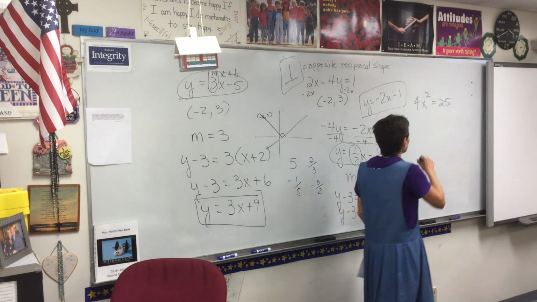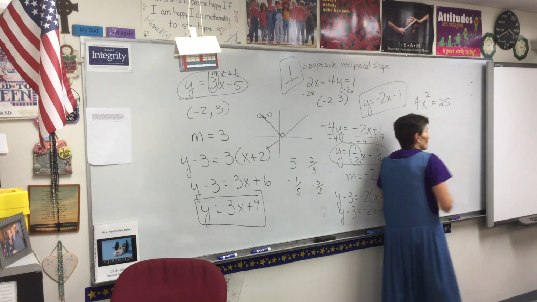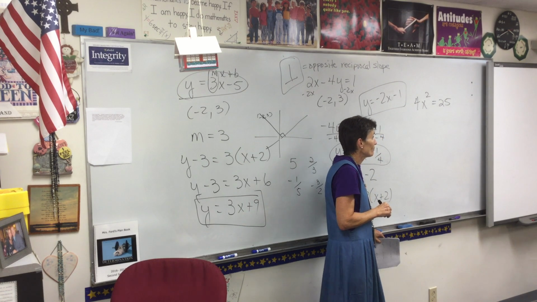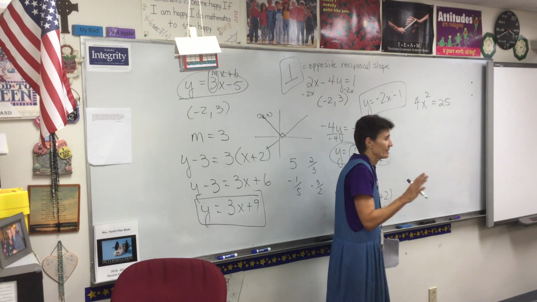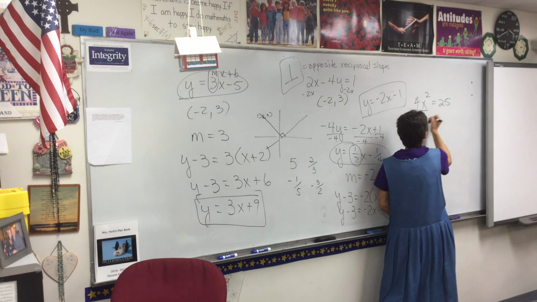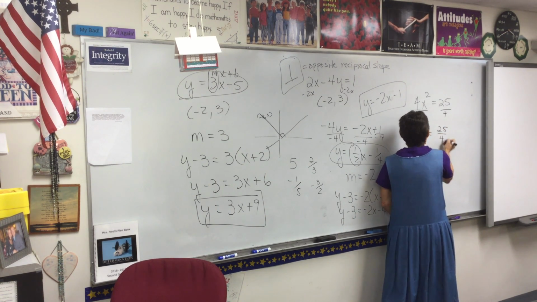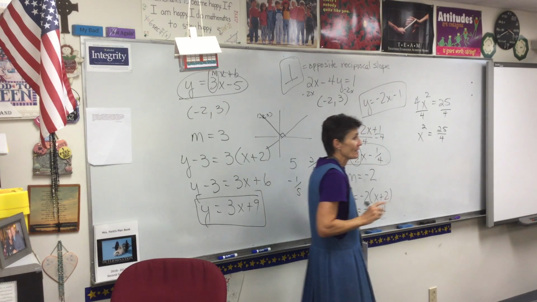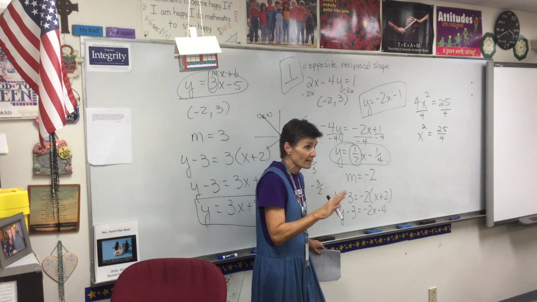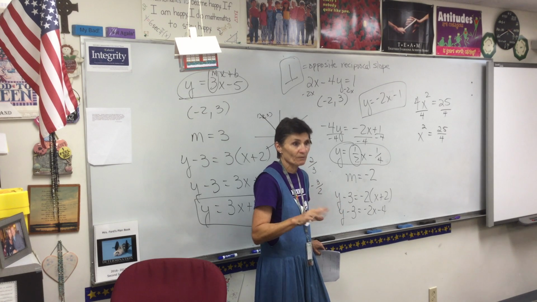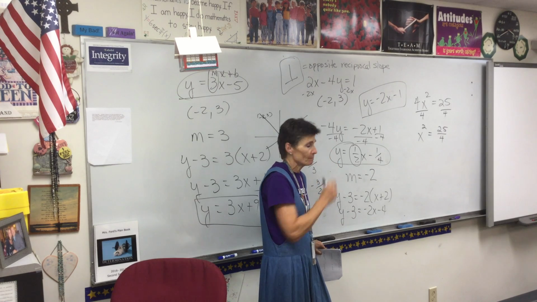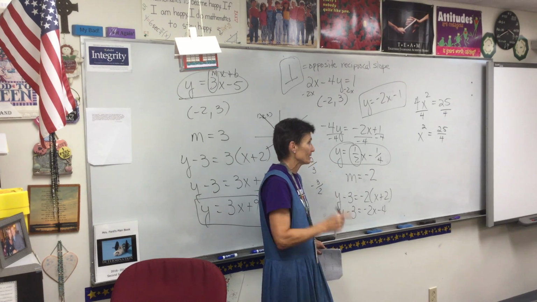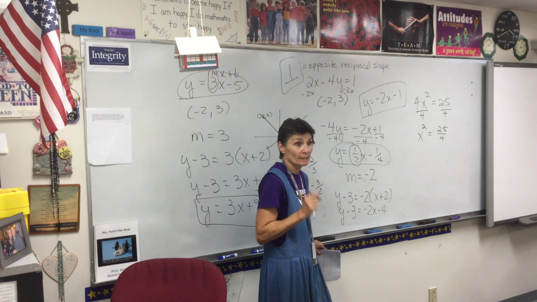What that means is we're going to take the square root of both sides. Technically, you're supposed to divide both sides by 4 first. In the end, it isn't going to make any difference. If you forget to do that, it's perfectly okay. We're going to get the same answer. I'm telling you because I'm trying to be a good math teacher, but it really doesn't matter.